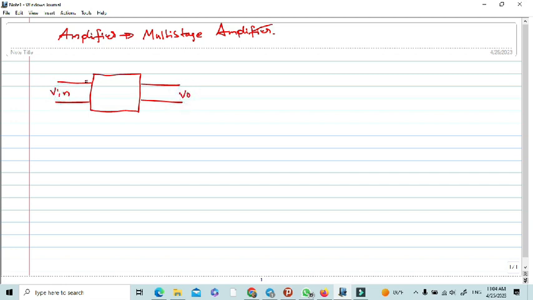So from the output we are going to take gain of the particular amplification. So everyone knows what is the purpose we are going for amplifier, and biasing techniques for faithful amplification, that everyone knows.